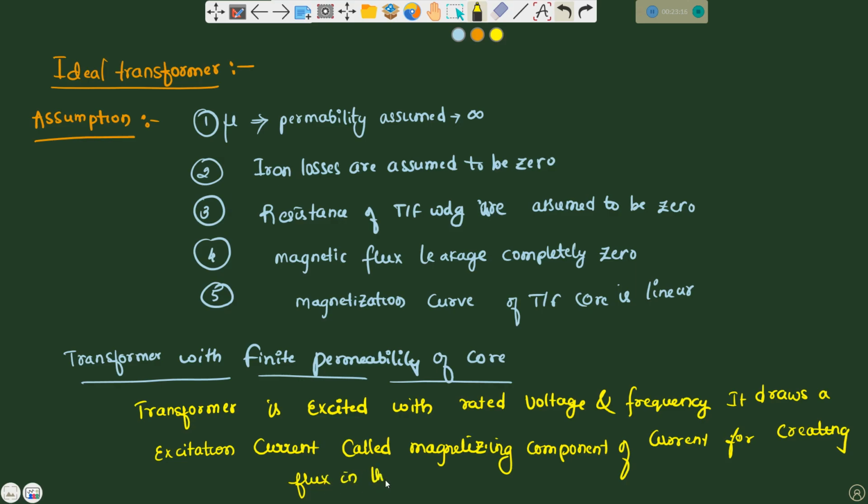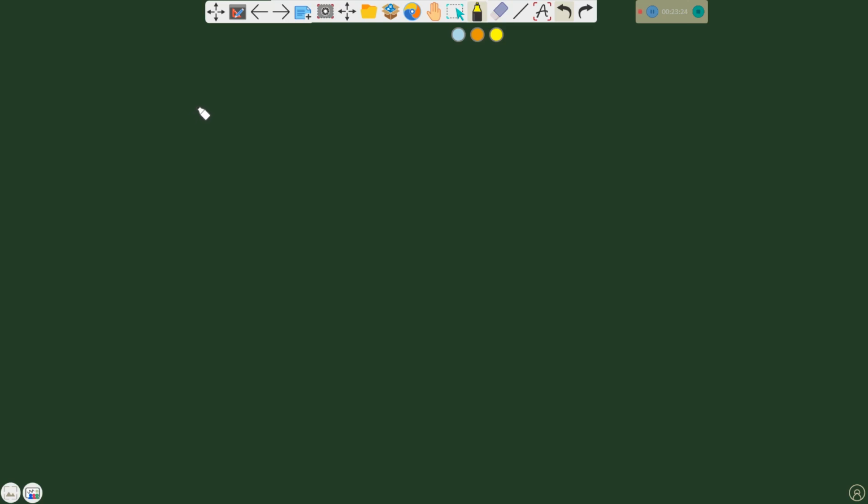Understood? That magnetizing component of current is represented as I mu, that is Im sin omega t. Magnetizing component of current for creating flux in the core.